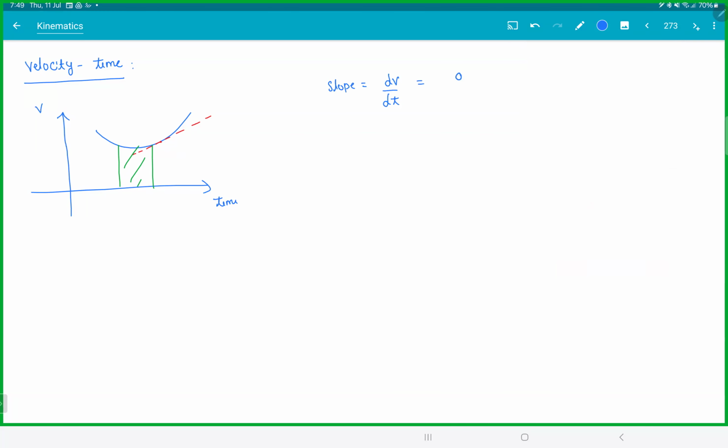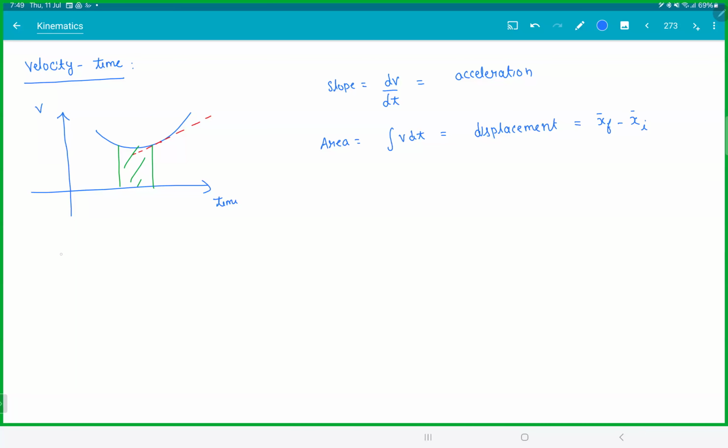That's nothing but acceleration. The area is integral v dt, which is nothing but displacement, which is x final minus x initial.